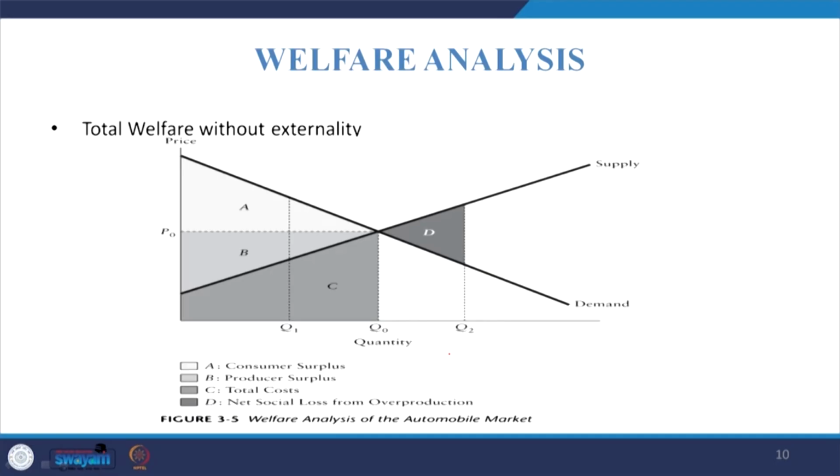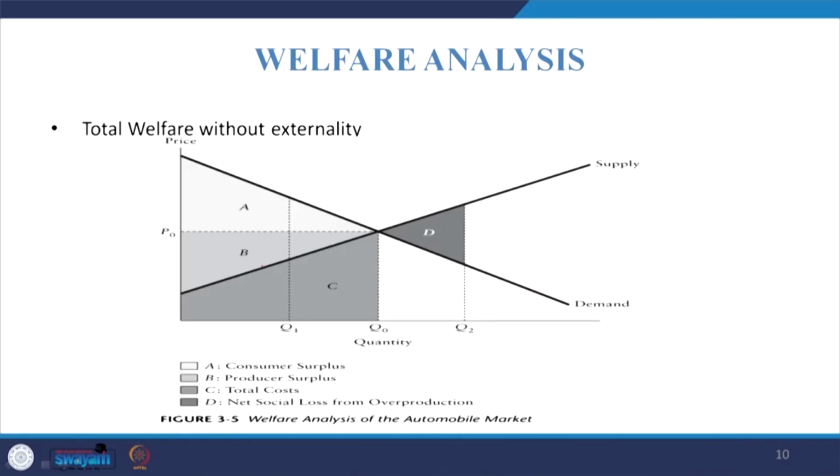This A part shows, as we already discussed, consumer surplus. B part indicates producer surplus. C part shows the cost of producing the quantity when OQ quantity is produced; this total area is known as total cost.